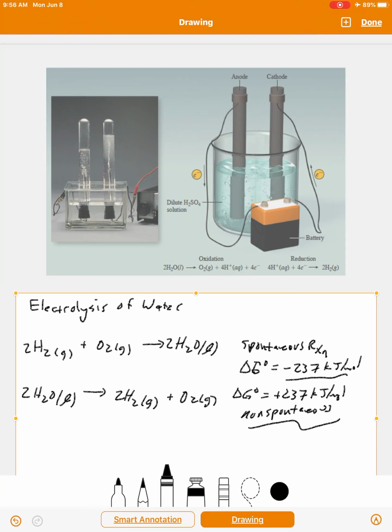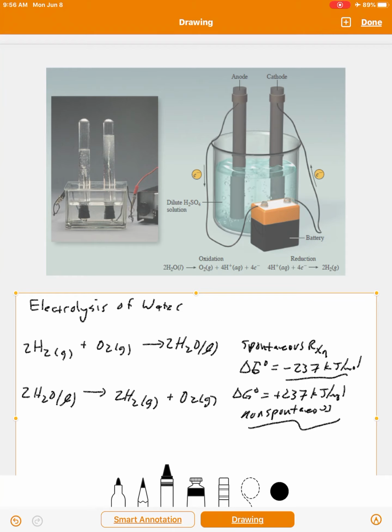Hydrogen gas, that's the other product, that's occurring at the cathode. Okay? So what about the hydrogen ions? So notice there's hydrogen ions in there. It turns out, for reasons involving the mechanism of this reaction, hydrogen ions are necessary. So there's your dilute sulfuric acid there to make this happen.